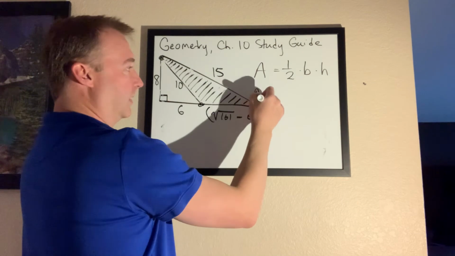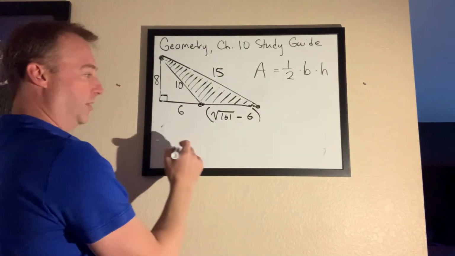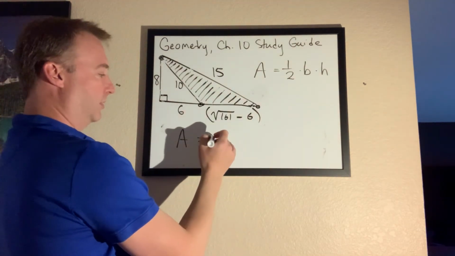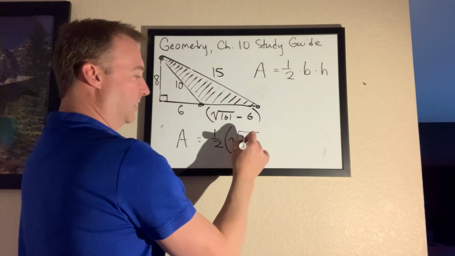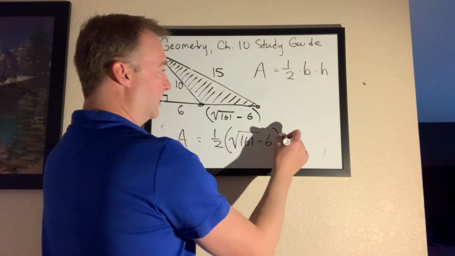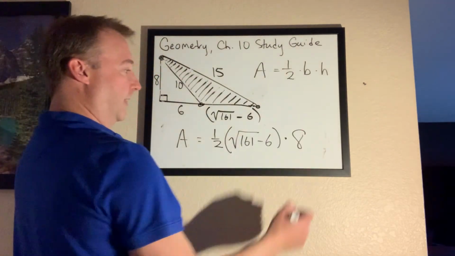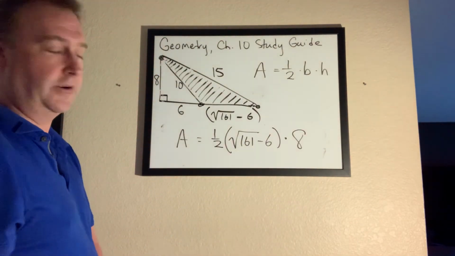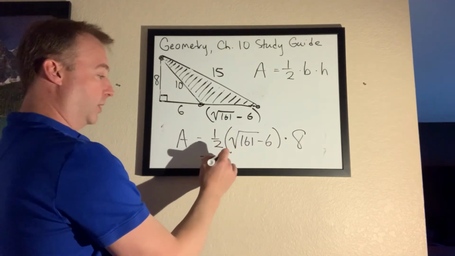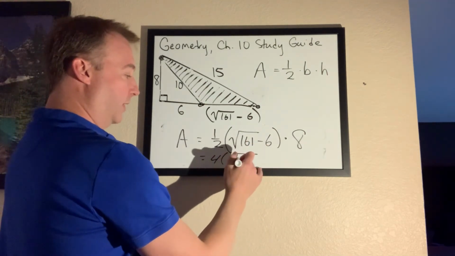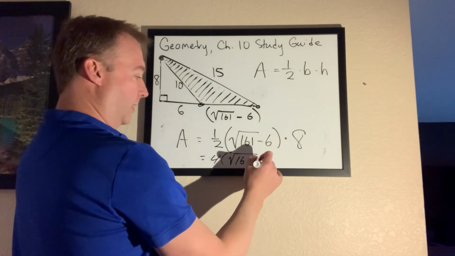So just plug in. One half times the quantity root 161 minus 6 times height, which is 8. We'll do a little simplifying here. I'm going to take half of 8 first, so we get 4 times the quantity root 161 minus 6.